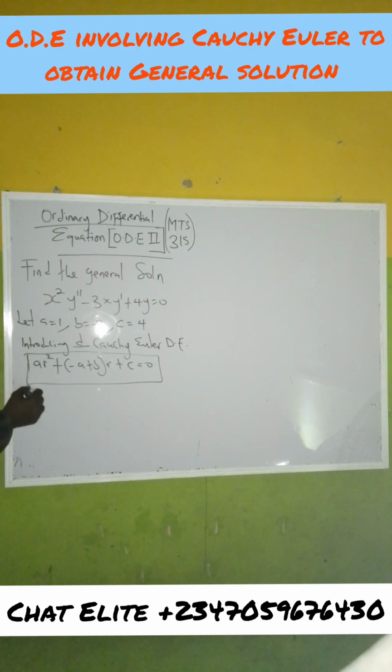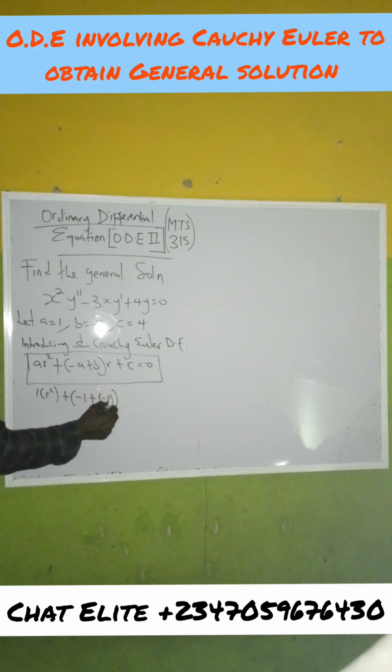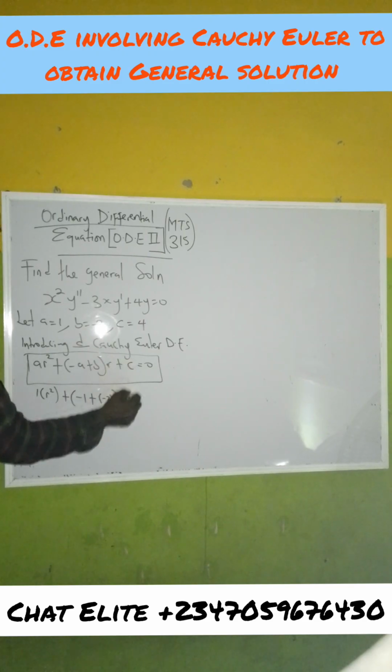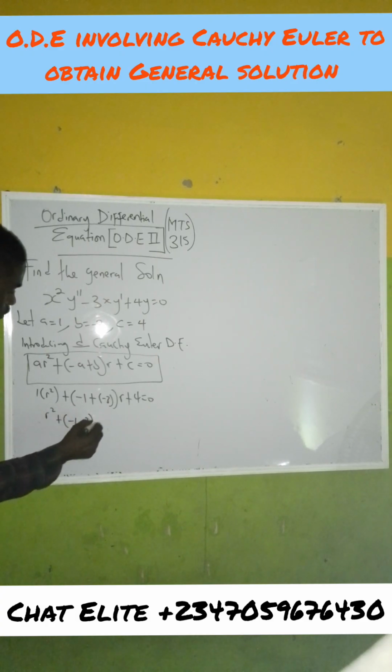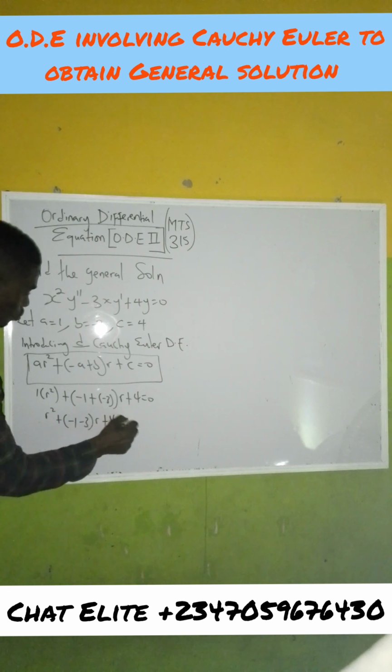Now let's substitute. We are having 1 raised to power 1 into r squared plus (b minus a), which is -3 minus 1, times r, plus c, which is 4, equals 0.